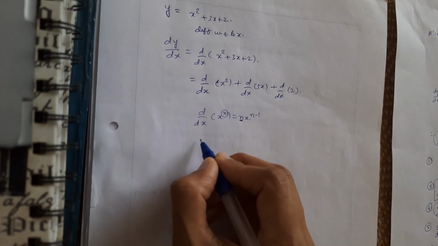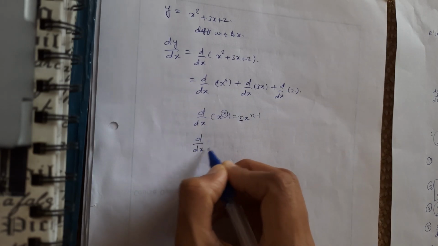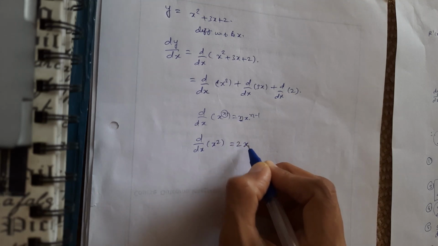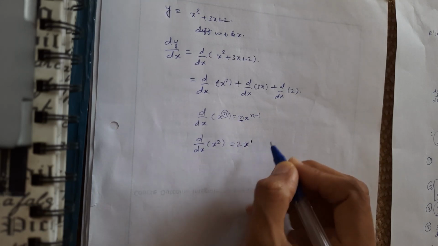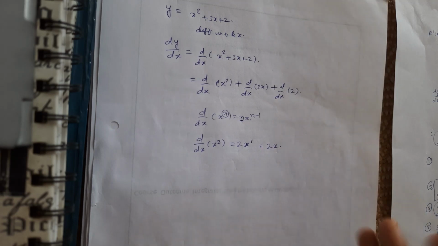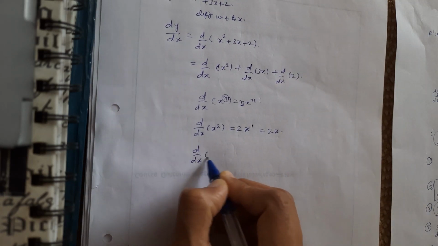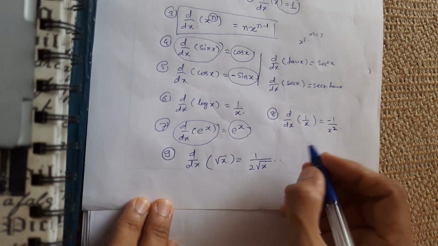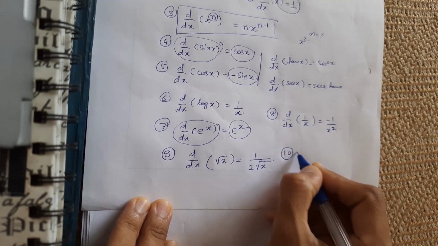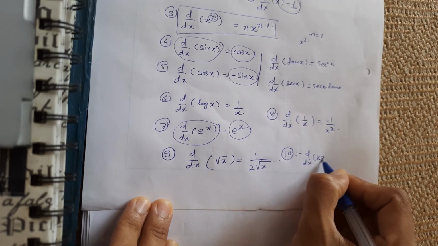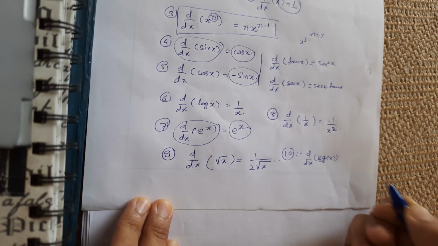So here I have x square, d/dx of x square. How do I write it? I will write this 2 here, x, 2 minus 1 is 1, x to the power 1, so 2x. Similarly, one more standard formula that I am adding here is the derivative of k into g(x), where k is a constant.